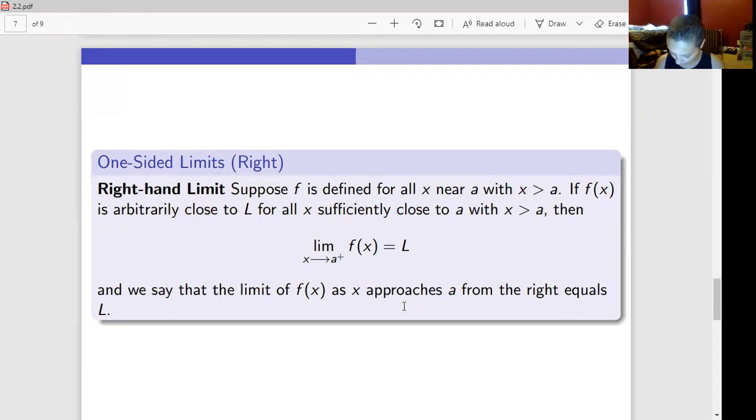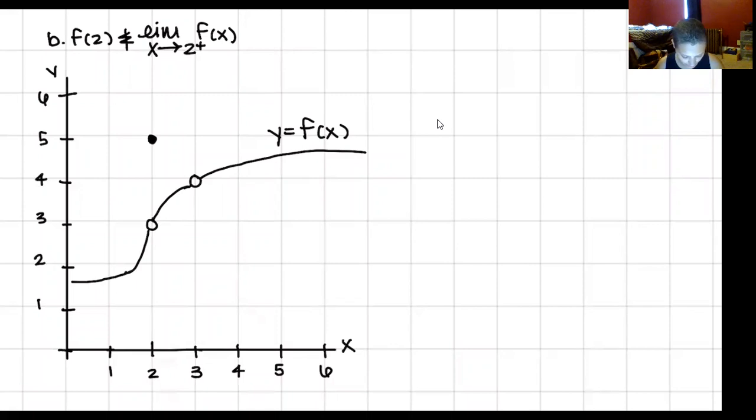So what does this look like? Let's look at an example. Here I'm interested in f evaluated at 2 and the limit as x approaches 2 from the right of f of x.